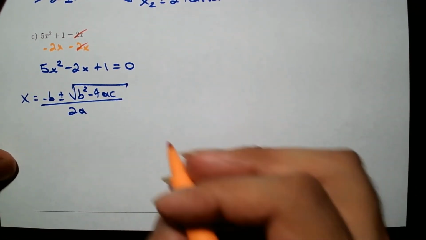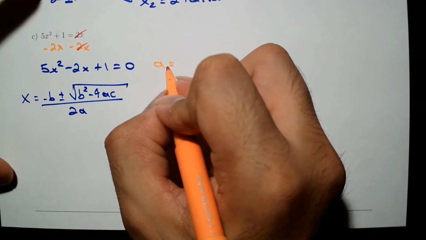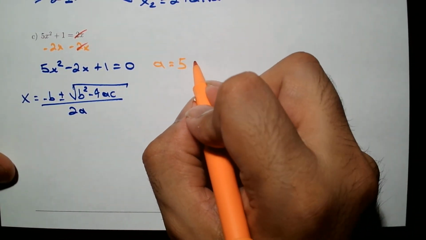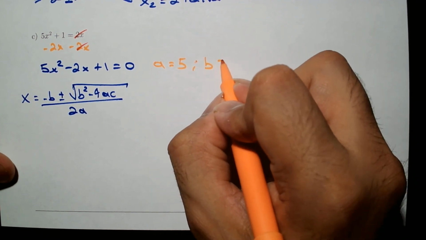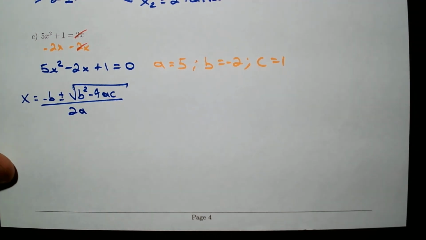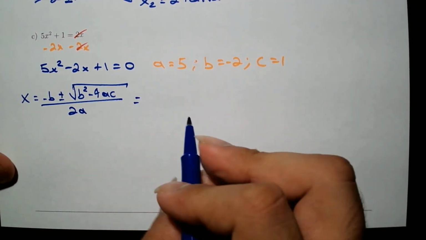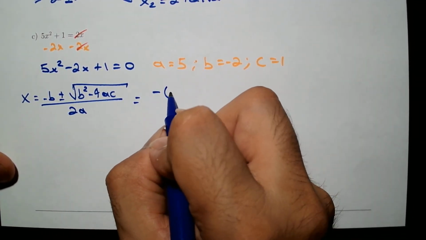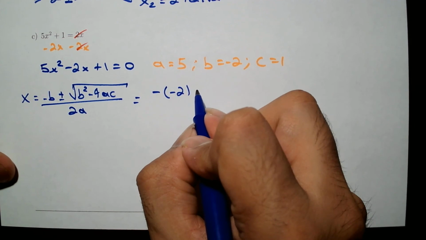But we need to identify a, which is 5. That is the coefficient of the x squared. b, which is negative 2. And c, which is 1. So let's plug this in. Minus b, which is minus negative 2. Again, smile rule.